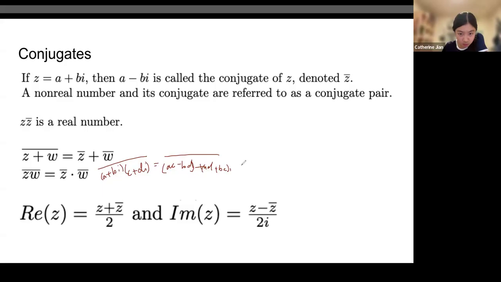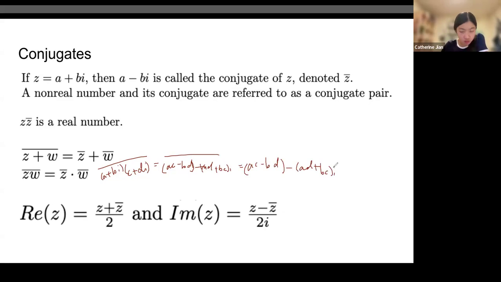And then this is equal to AC minus BD minus AD plus BC i.